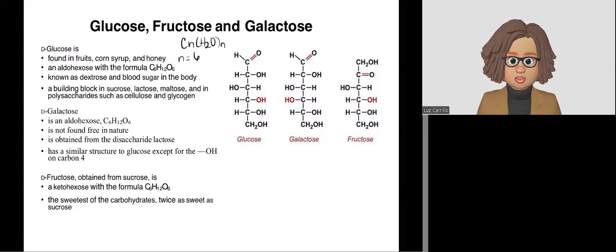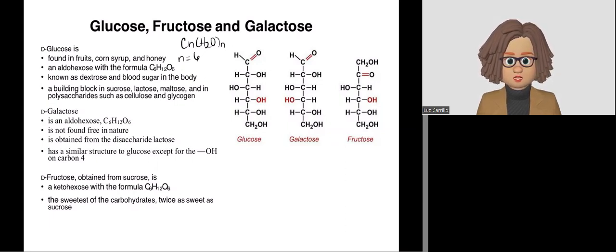Next, let's talk about galactose. Galactose is also an aldohexose. Remember, aldo because there is an aldehyde in this structure. Hexose because there are 1, 2, 3, 4, 5, 6 carbon atoms in the molecule. That means that the general chemical formula for galactose is also C6H12O6.